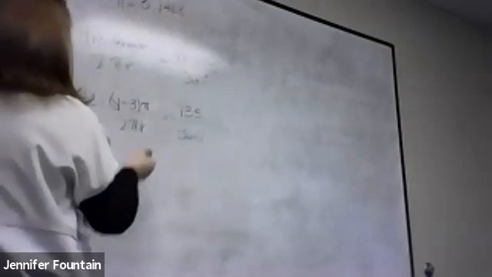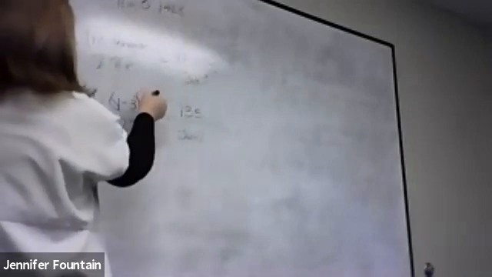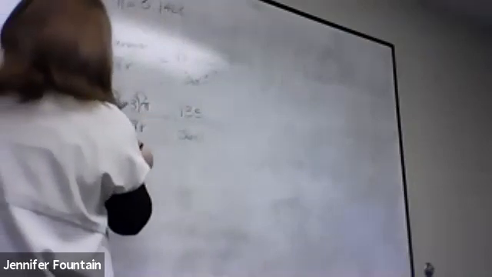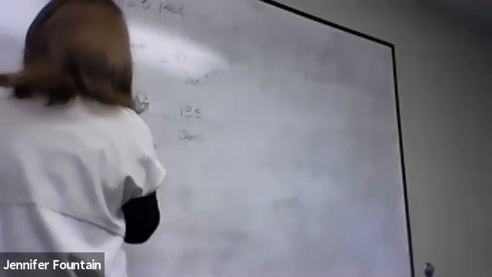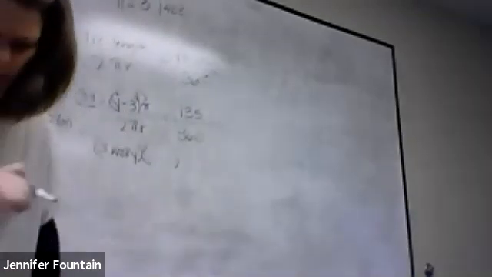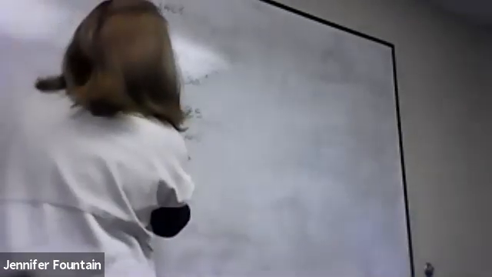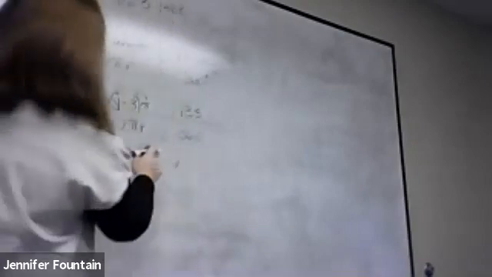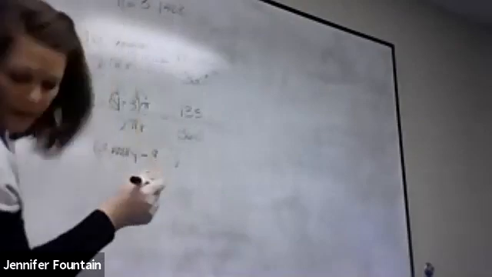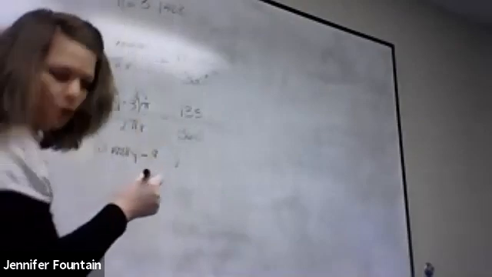So basically, I'm going to distribute this, and I'm going to have 3.1428y times 3.1428 times -3, which is going to be minus 9.4284.